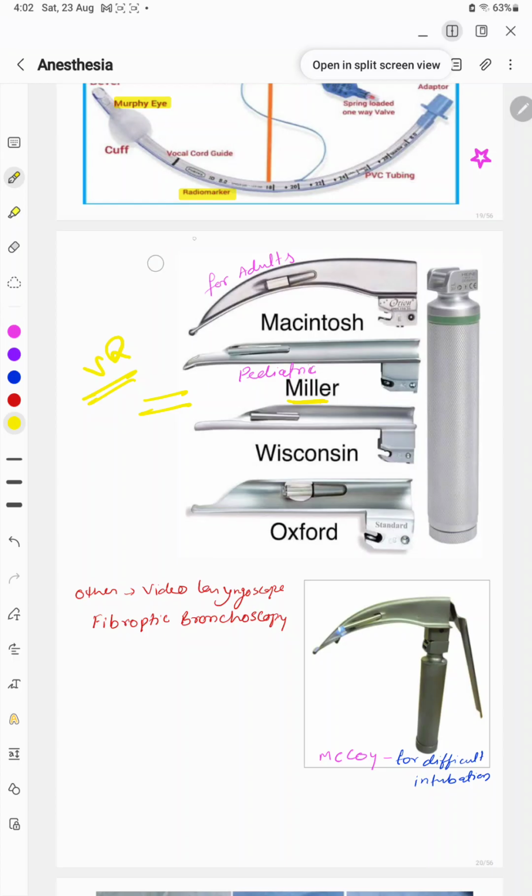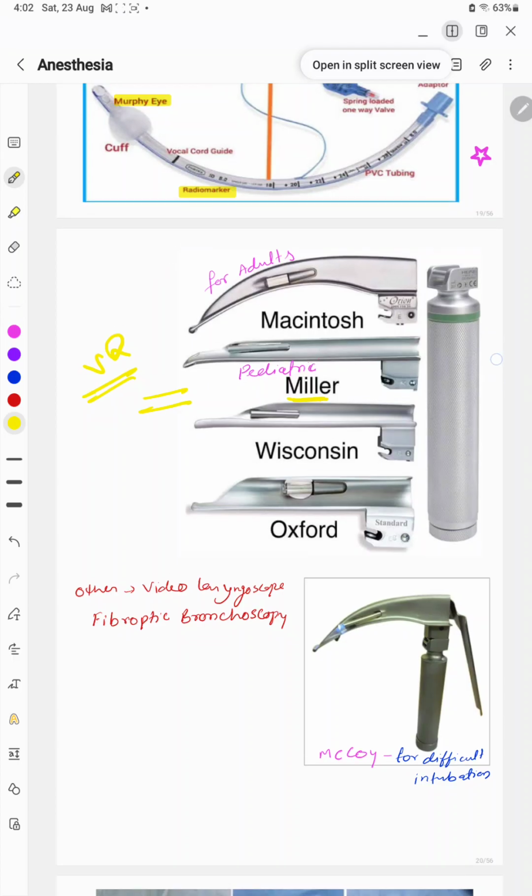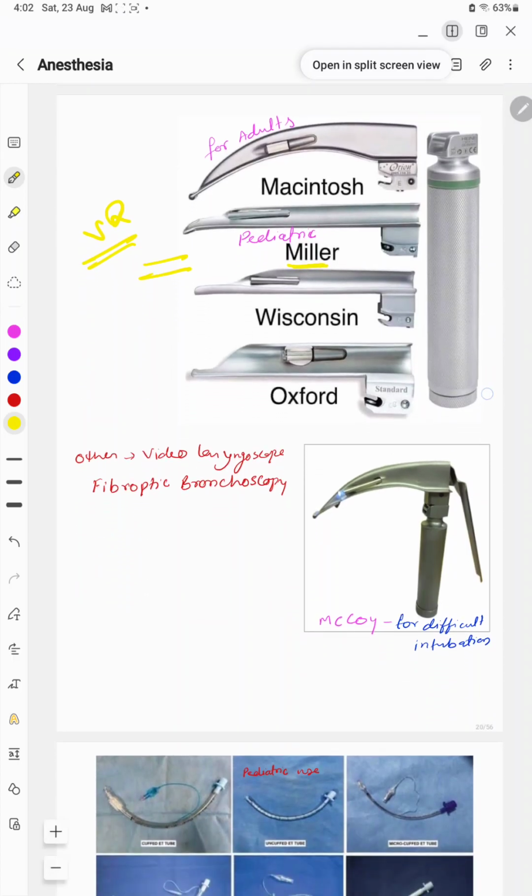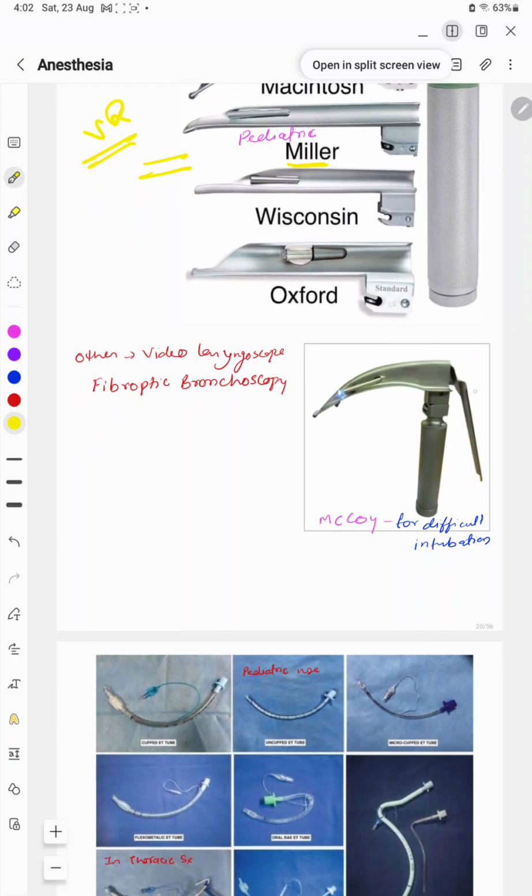So this is used for adults and this is used for pediatrics. When you see the handle like this, it is called McCoy. For difficult intubation you use McCoy.